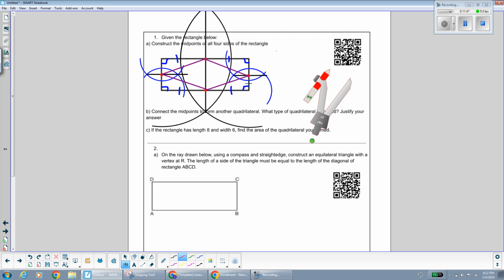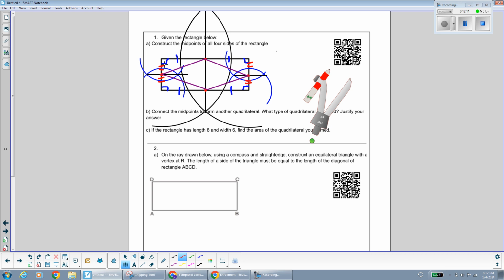They're congruent, and since we constructed the midpoint, the halves are congruent to each other. So now we can say that all four of these right triangles surrounding the rhombus, surrounding the quadrilateral, I should say, are congruent to each other by side angle side.